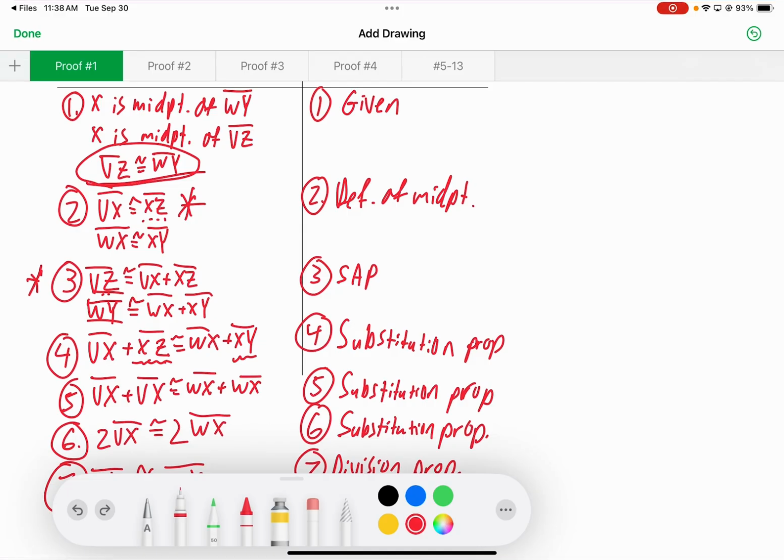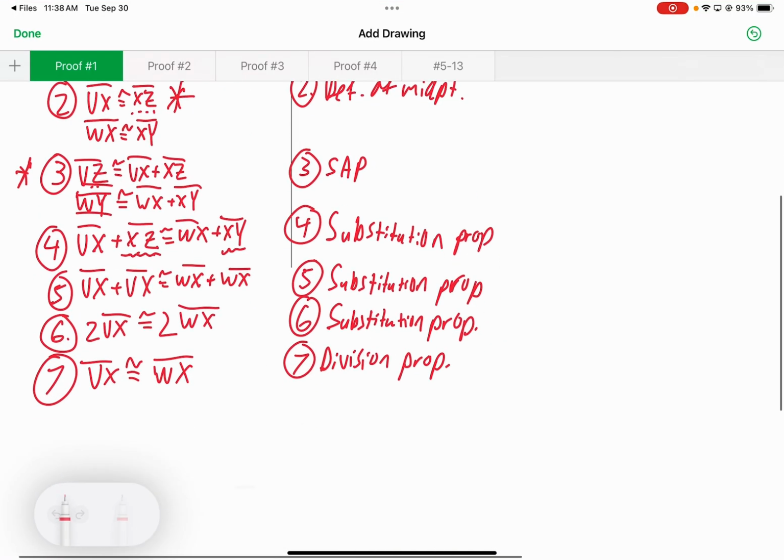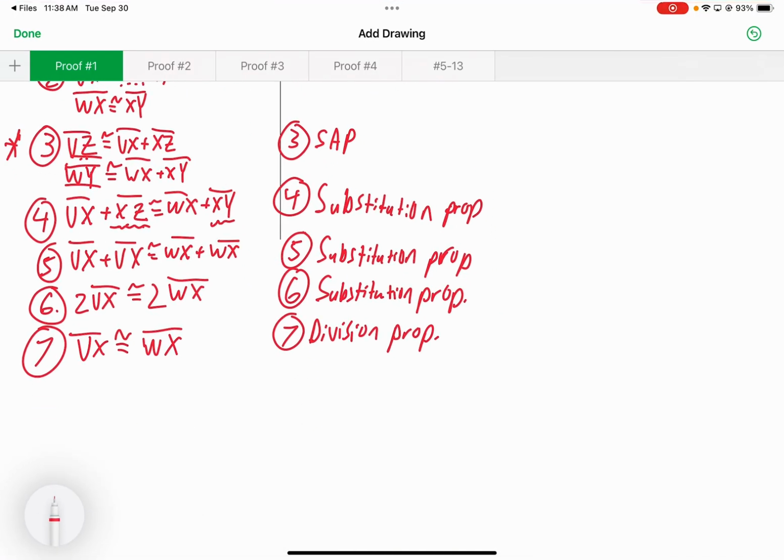Brielle, I did the same thing that you did, but I just combined all the like substitution things into one. So did you go from here to there? I also flipped the segment addition postulate and the definition. What do you mean you flipped it? I did SAP first. Okay.